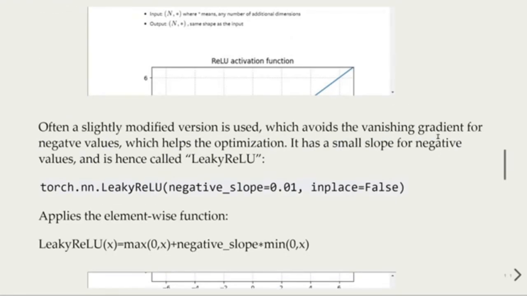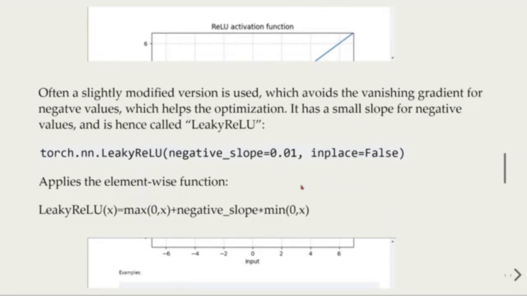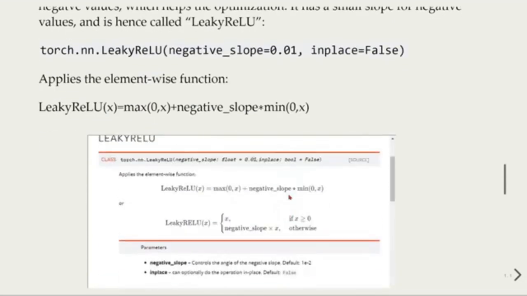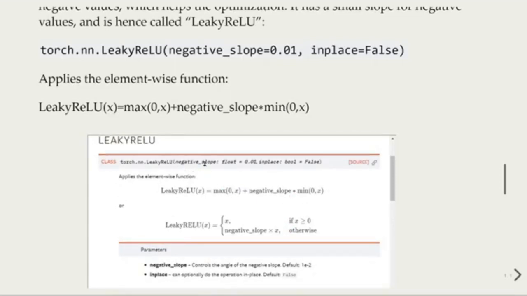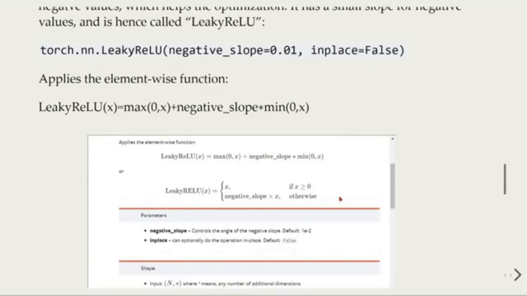The negative slope is a float that by default is 0.01. We can change this, and the leaky ReLU will apply this function here: the negative slope times the minimum of 0 and x.